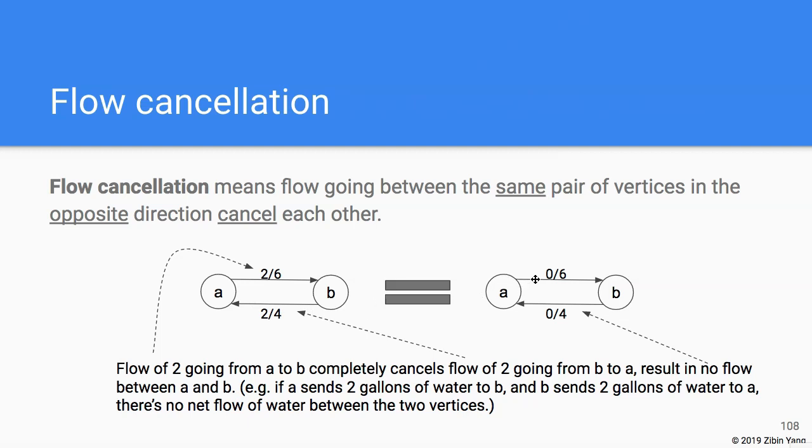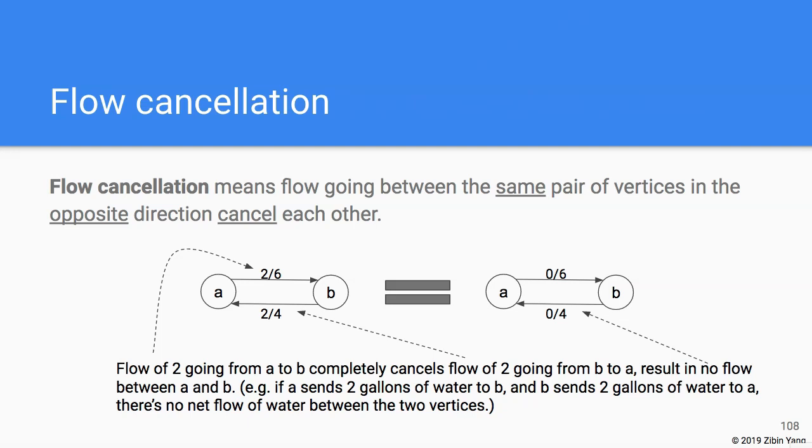That means we are really sending nothing between them. So intuitively, in a real world example, if we send 2 gallons of water from A to B, and then we bring those 2 gallons of water back from B to A, then effectively we're not sending anything between those two vertices. So that's flow cancellation.